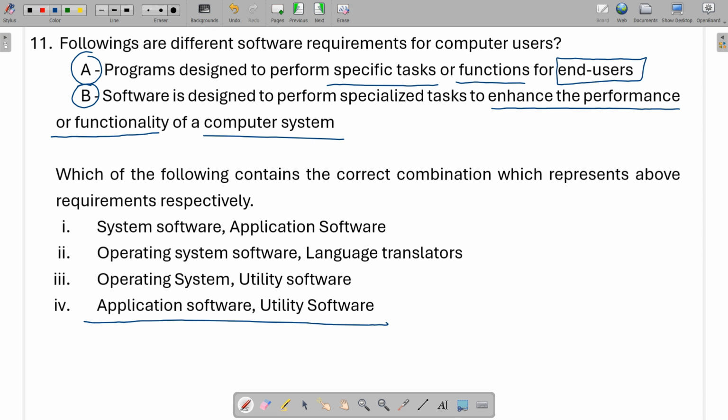They are focusing on the final outcome for the end users, having a good environment and good performance. That kind of help is given by utility software. So the answer is the fourth one again. We are assuring the first one is application software, and the second one, statement B, is utility software.